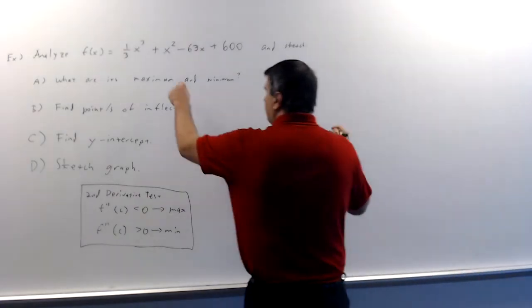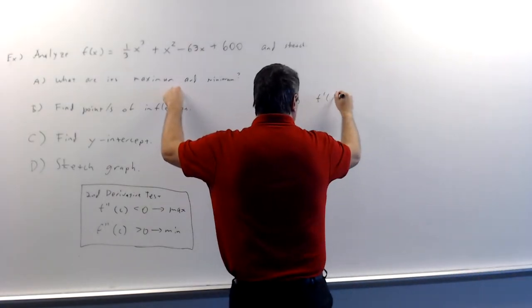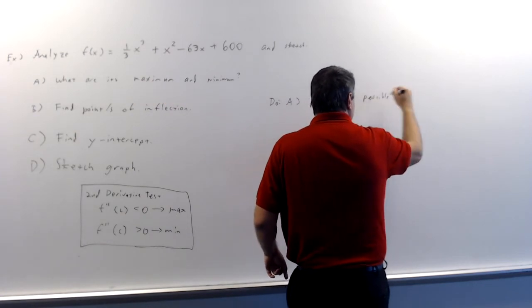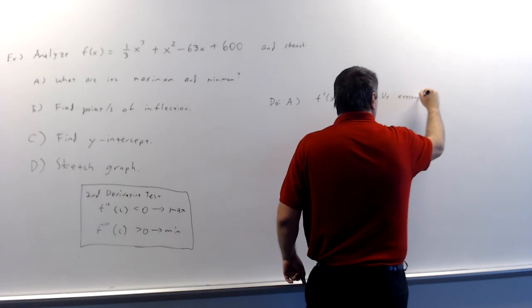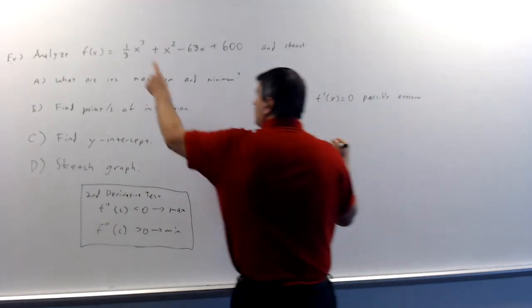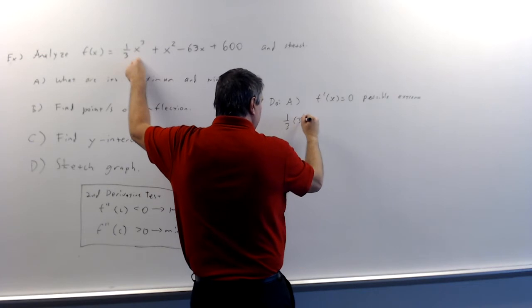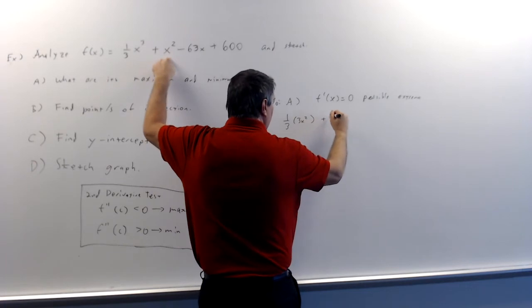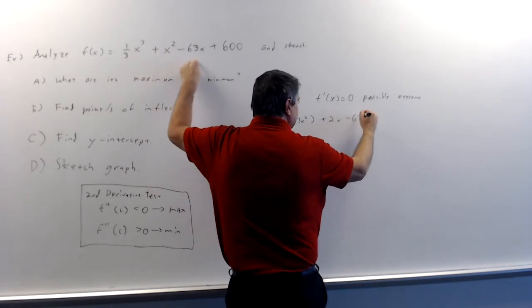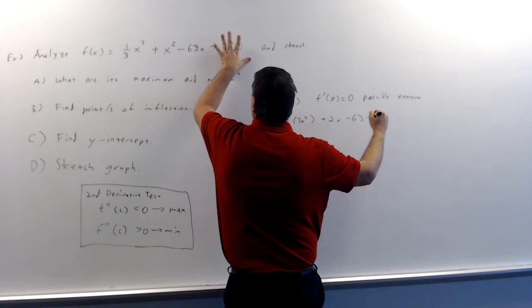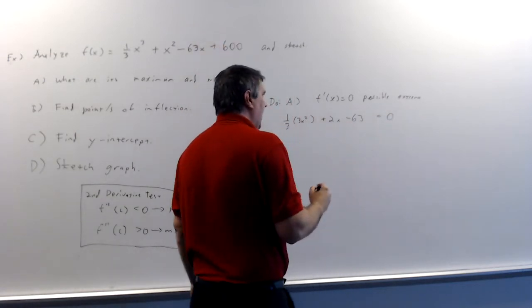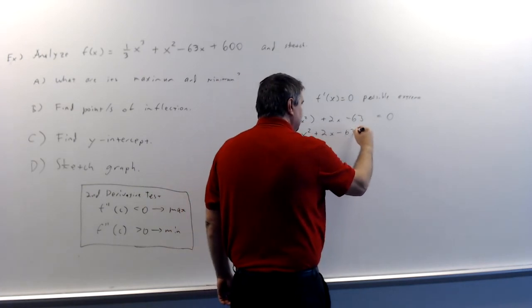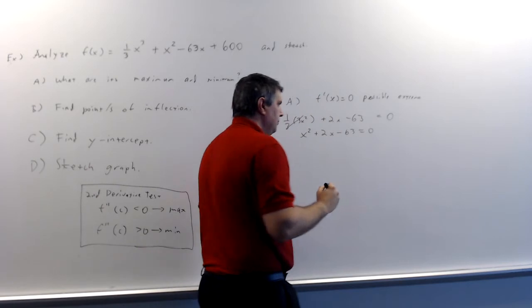So, possible critical points are at f prime of x equals 0, possible extrema. So 1/3 times 3x squared, that's the derivative of x cubed, plus 2x minus 63, the derivative of a constant is 0. So the whole first derivative has to equal 0: x squared plus 2x minus 63 equals 0.